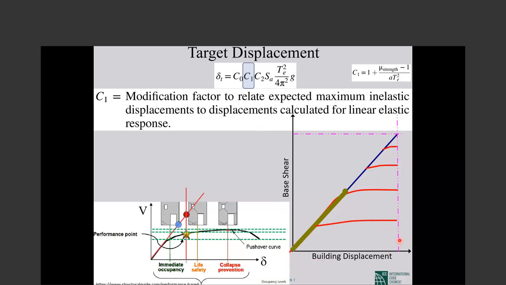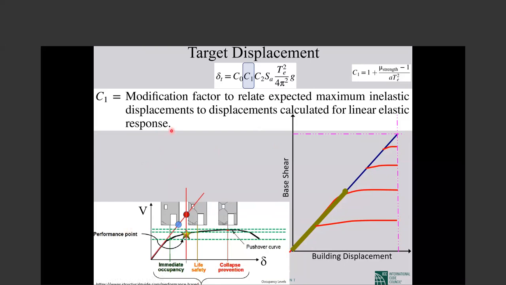We call that equal displacement, and from long ago the researchers have realized that for buildings with large period this happens. So flexible buildings, taller buildings, buildings with larger period, they obey the equal displacement rule.